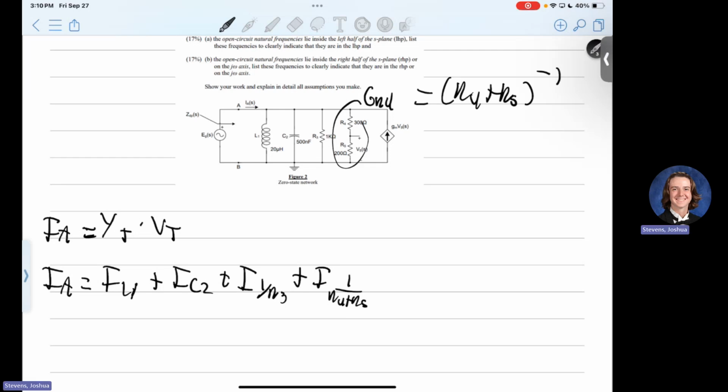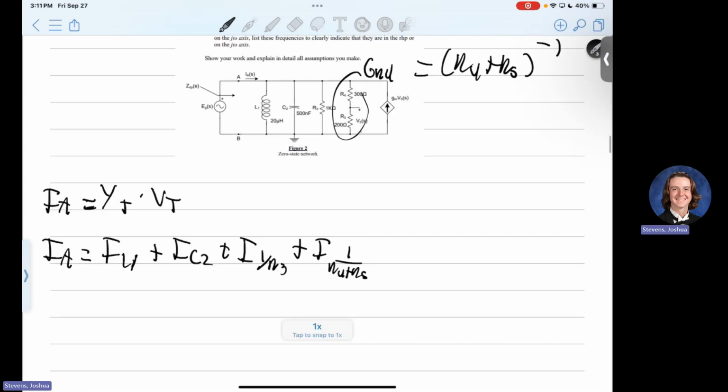We agree? Well, that's basically what I'm doing. I'm saying the current of this branch and the current of that branch are the same thing. You agree? Yeah.